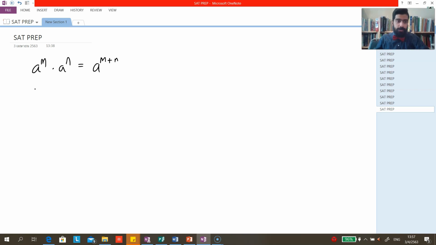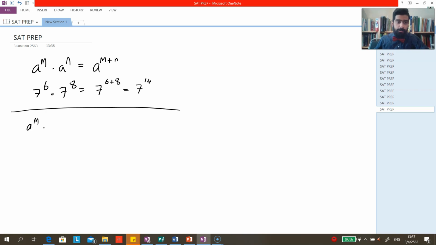In other words, if I have 7 to the power of 6 multiplied by 7 to the power of 8, we will have it as 7 to the power of 6 plus 8, which is equal to 7 to the power of 14. The next one is a to the power of m divided by a to the power of n, which will equal a to the power of m minus n.